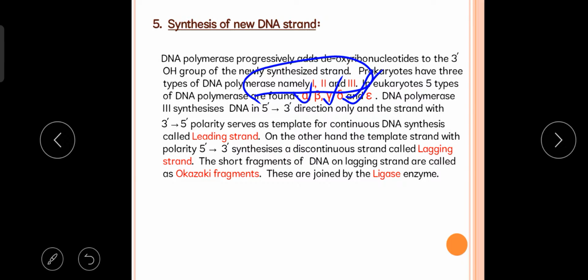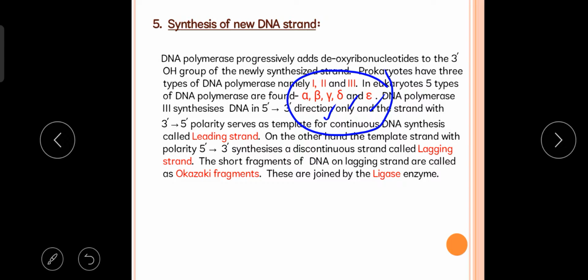This produces a long new DNA strand. In prokaryotes there are 3 DNA polymerases, but in eukaryotic DNA synthesis there are 5 types of DNA polymerase: alpha, beta, gamma, delta, and epsilon.